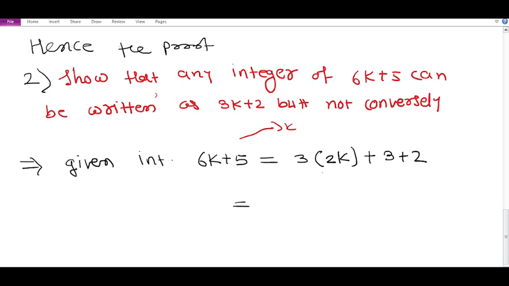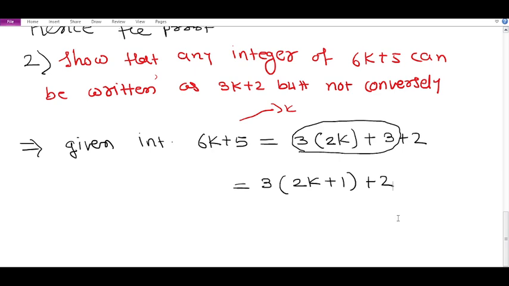So from these two terms, if you take 3 outside, we get 3 times twice k plus 1, plus 2. Now twice k is an integer, so put capital K equal to twice k plus 1, which is an integer.